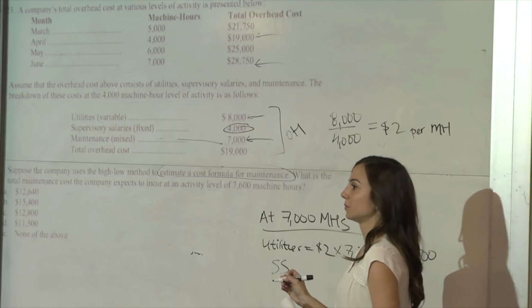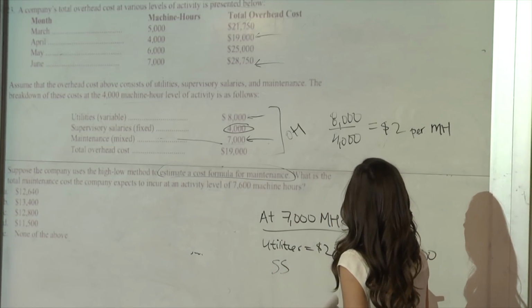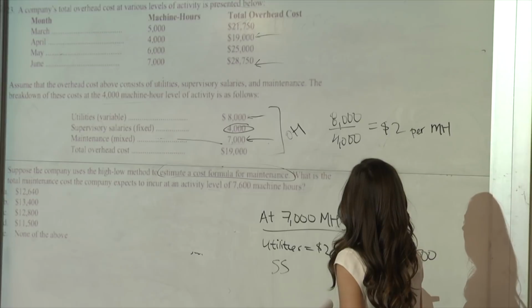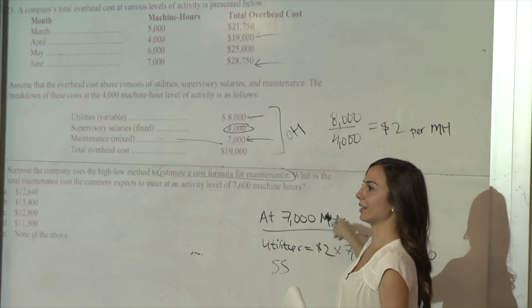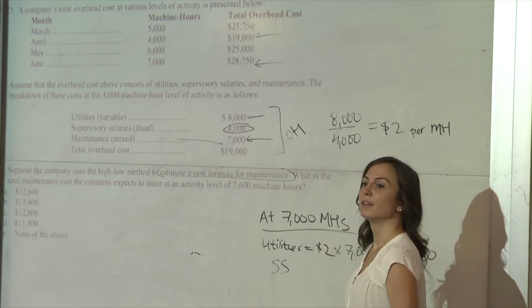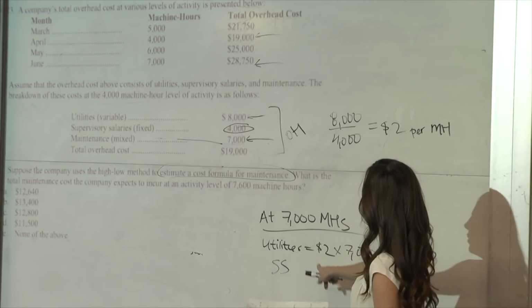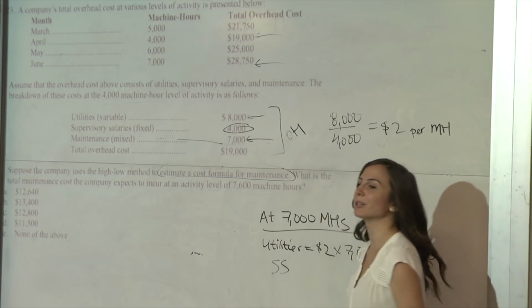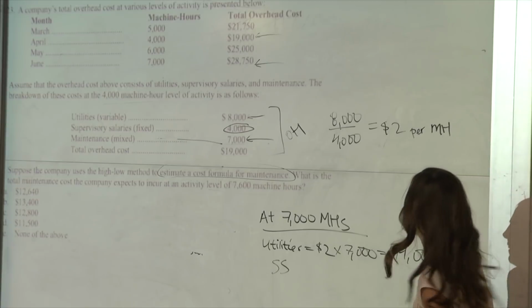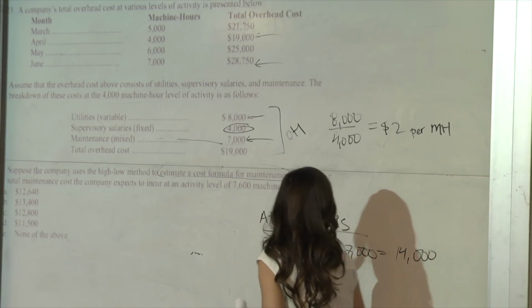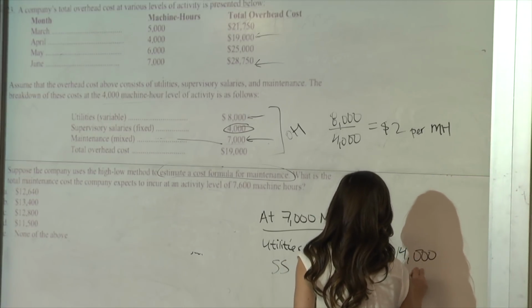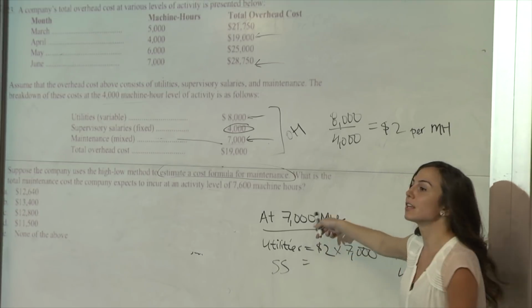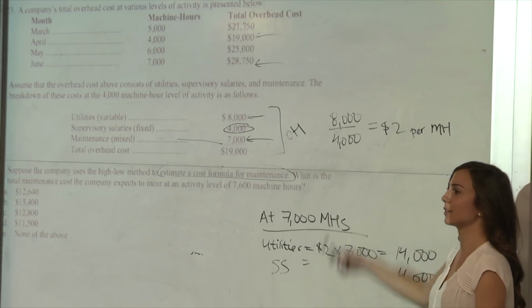You mean at 4,000 machine hours? We're calculating now for the high level of activity. Utility equals. It's a little sloppy handwriting, yeah. All right, so supervisory salaries equals 4,000. We know that it's the same for the 7,000 as it was for the 4,000 because it's fixed.